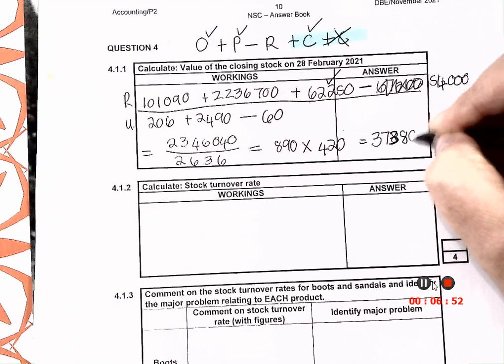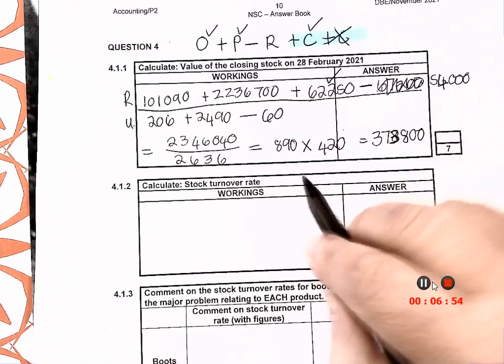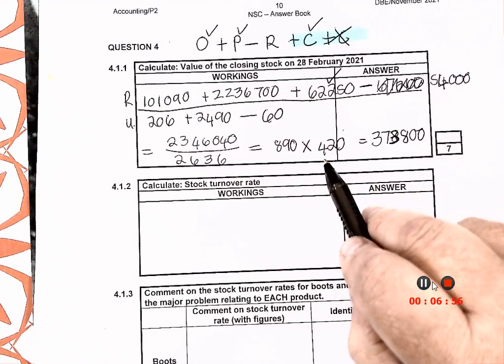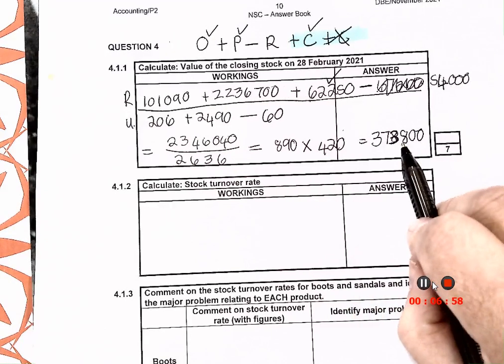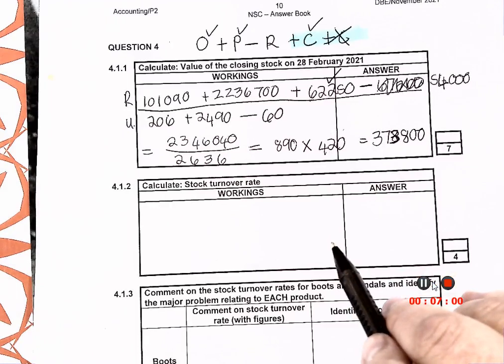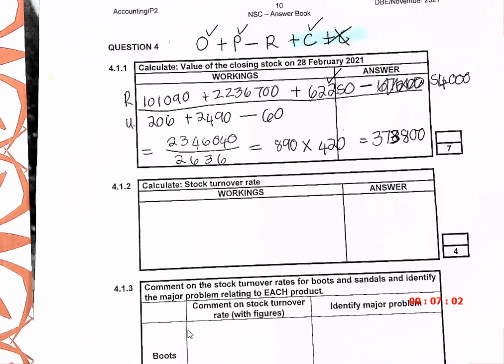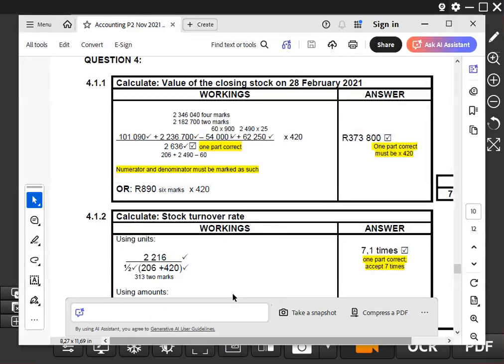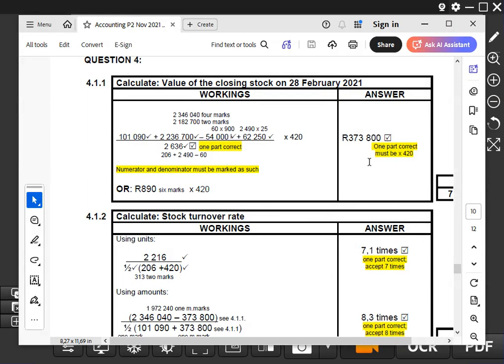No, it doesn't feel like enough. 890 times 420 gives you only 300,000. How sure are you? I am not sure that you are right. Really? Yes. This doesn't feel right.